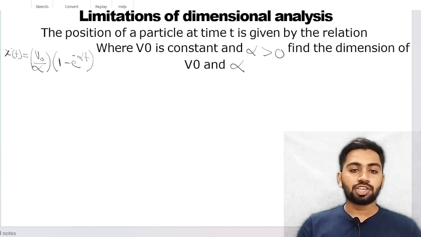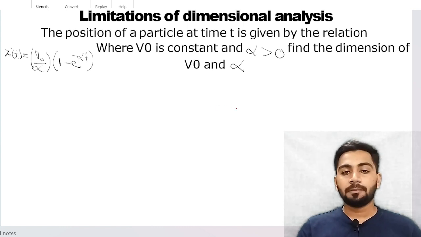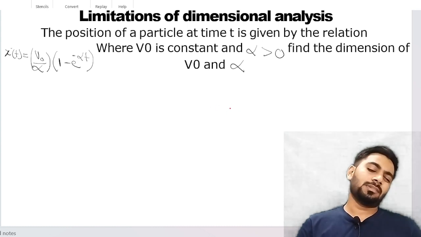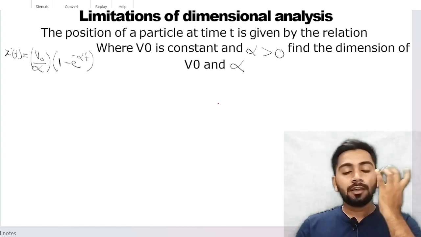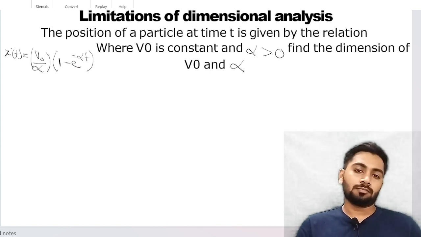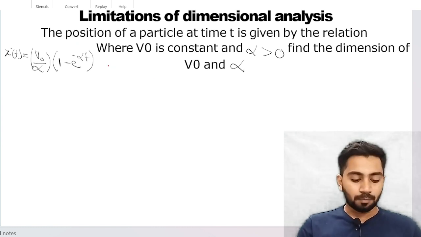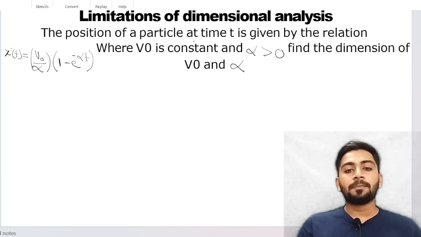So next question. Limitations of dimensional analysis. Not only limitations, you can say, like we are calculating these alpha and beta values. Suppose the position of a particle at time t is given by a relation.